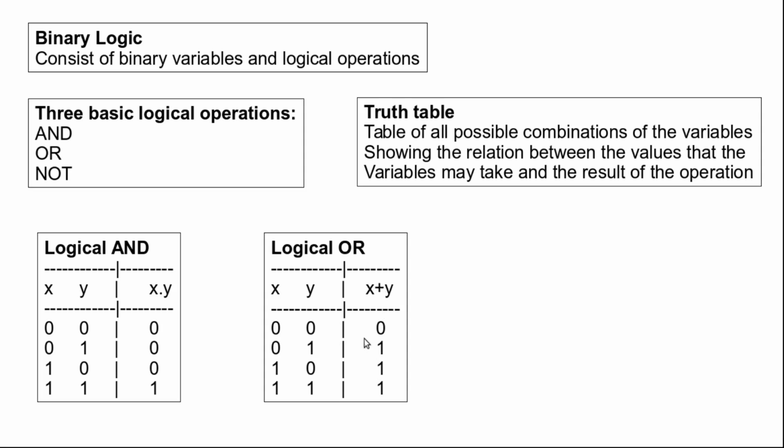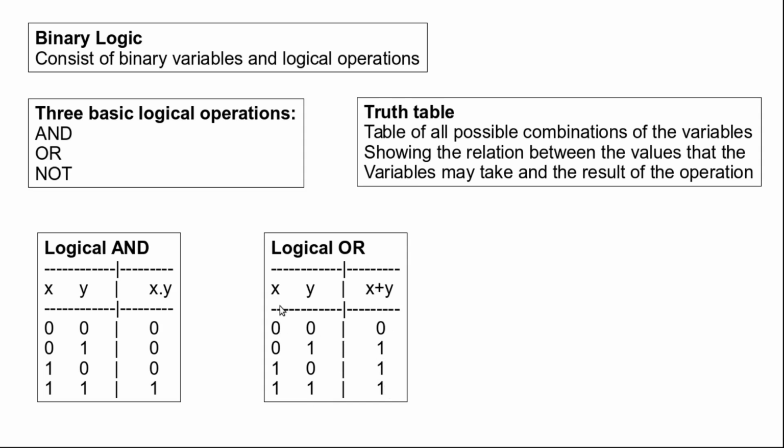And from the truth table we can see that only when x is 0 and y is 0, x or y will be 0. Otherwise, if any of the variables is 1 or both the variables are 1, x or y will be 1.